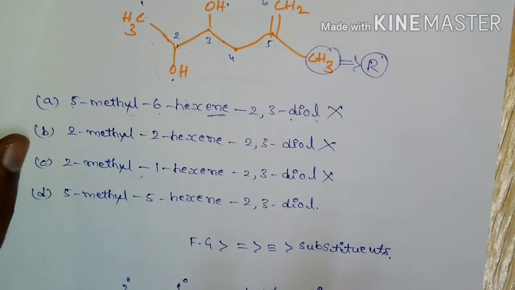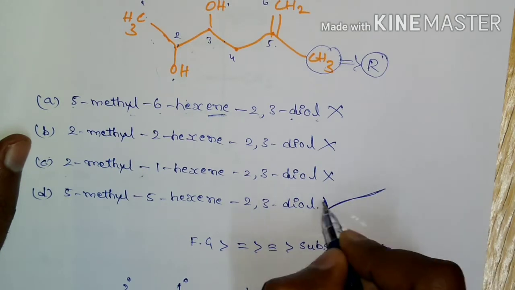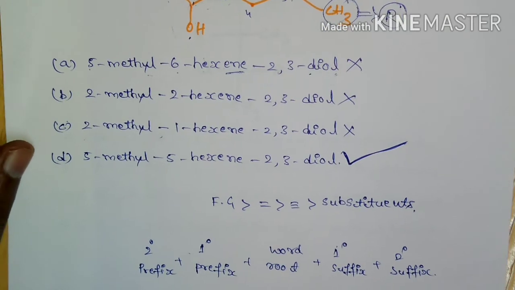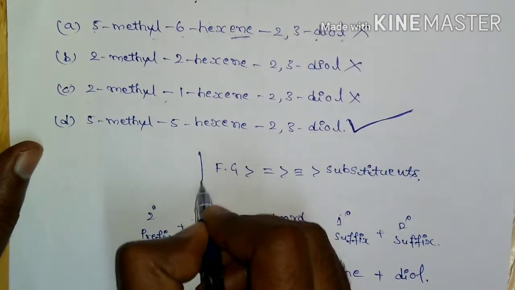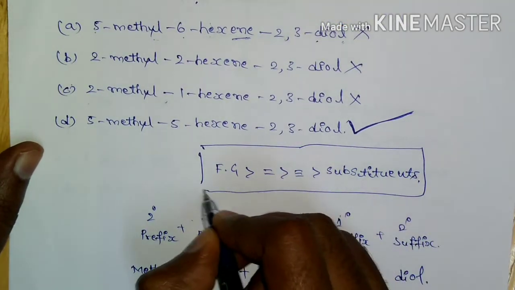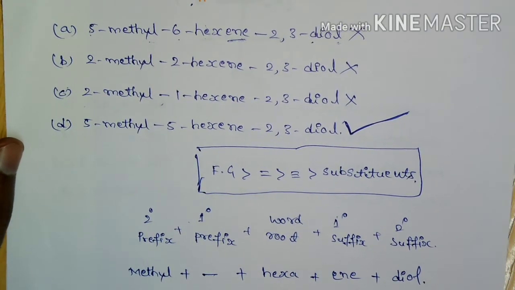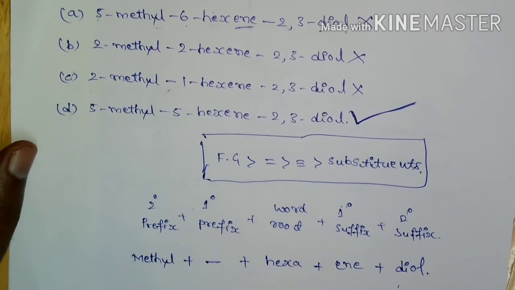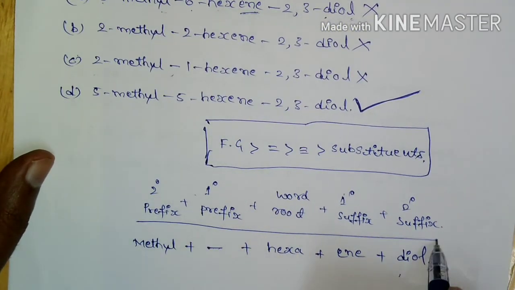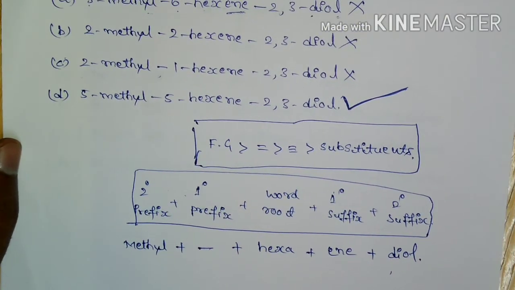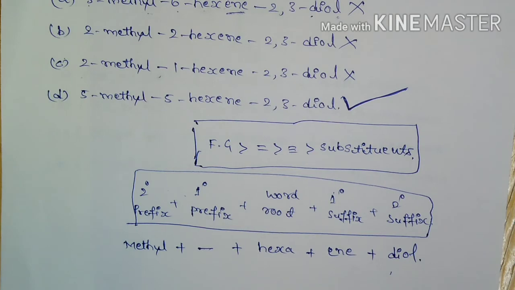So this is the correct option. So important thing is we need to know this priority order. Functional group will always take the first priority, followed by double bond, followed by triple bond, and then substituent, and we need to know this formula, for which we need to give prefix, root word.